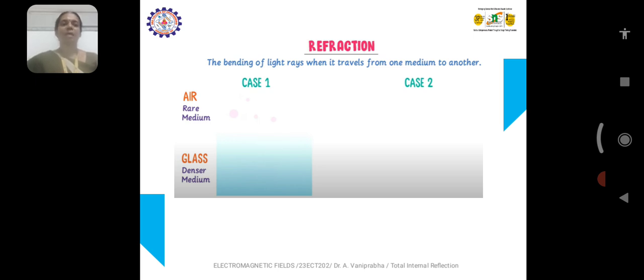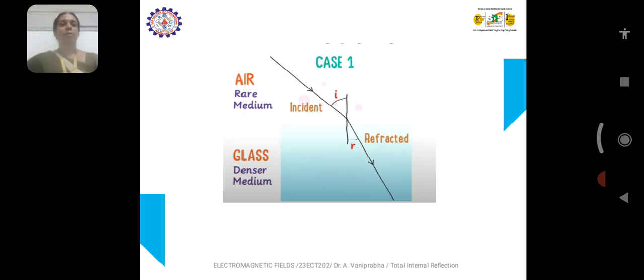We consider light traveling between these two media. How does it behave? Consider the case where air is the rarer medium and glass is the denser medium. Whenever the light travels from air to glass, what happens?